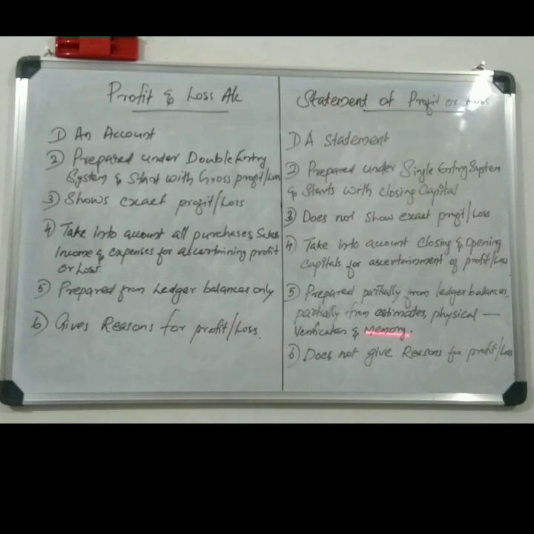Whereas the statement of profit or loss does not give any reasons for profit or loss, because it is prepared partially from ledger balances, partially from estimates, physical verification and memory. We will not consider all the accounts for preparing the statement of profit or loss, so we could not understand why there is a profit or what happened for incurring a loss. So these are the major differences between profit and loss account and the statement of profit or loss.